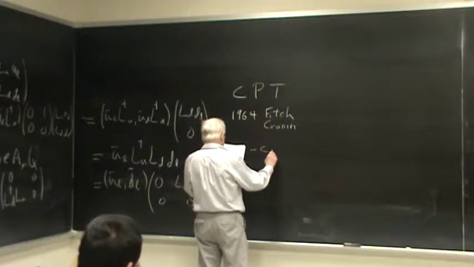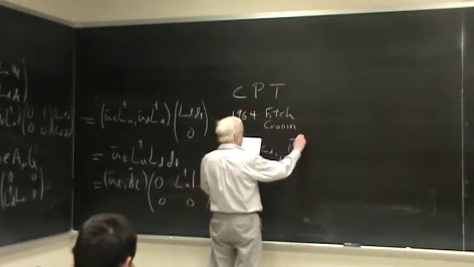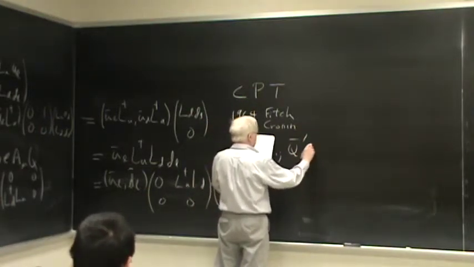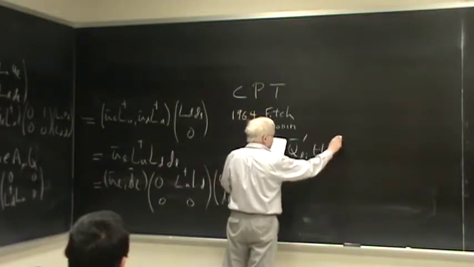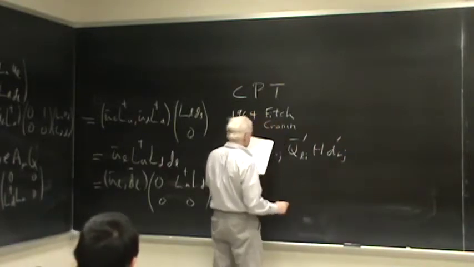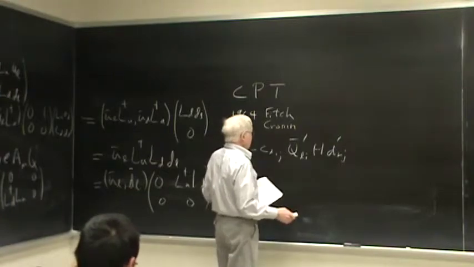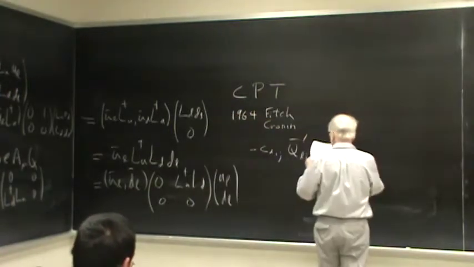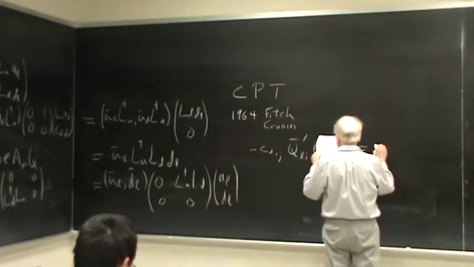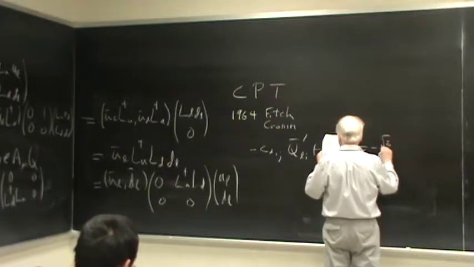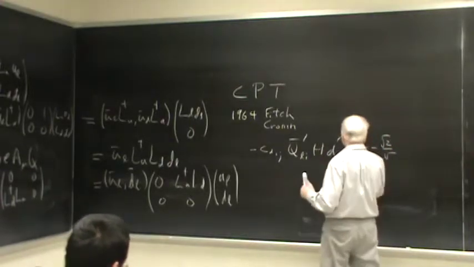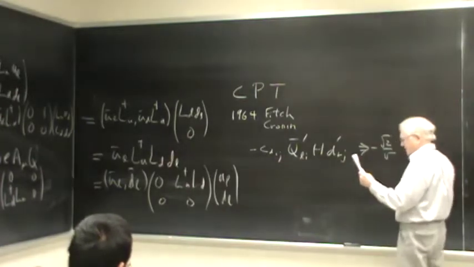Minus C^D_ij Q bar' L_i H D'_Rj. So that's the whole business there. And then when we rewrite this, we can rewrite it as minus root 2 over v. So here we're going to the vacuum, the mean value in the vacuum.